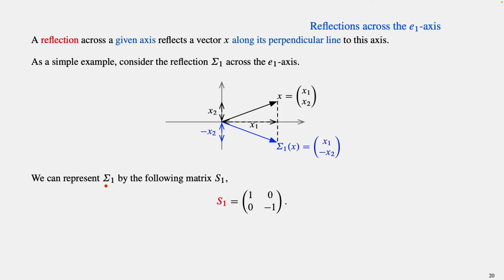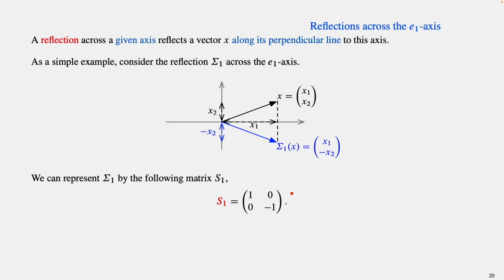And it's very easy to represent this particular reflection. For this we have the matrix that I call S1, which just has entries 1, 0 and 0, minus 1. So if you think about it, multiplying this with any vector here, which is on the reflection axis, won't change this vector at all.